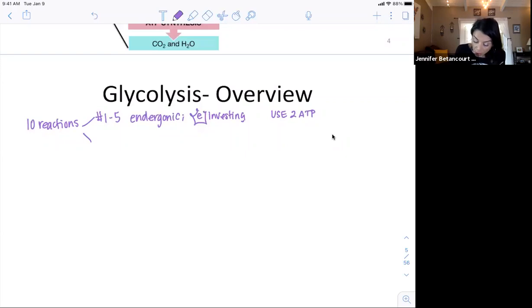All right, so steps 6 through 10 are in general exergonic. The exception is reaction number 8, which uses a tiny, tiny little bit of energy, but collectively, reactions 6 through 10 are exergonic, and we call these energy harvesting.